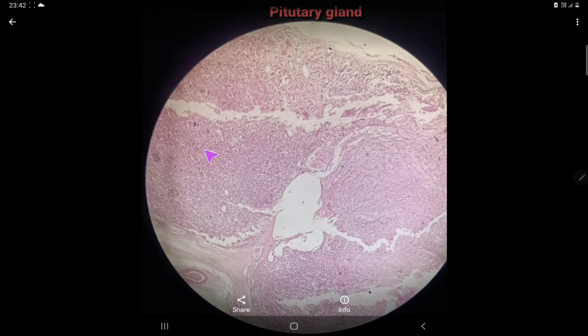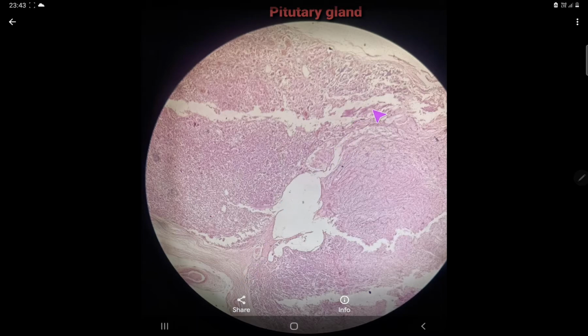In this adenohypophysis, acidophil cells produce somatotrophs, that is growth hormone, and mammotrophs, that is prolactin, while basophils produce adrenocorticotropic hormone, thyroid stimulating hormone, and gonadotrophs, that is FSH and LH.